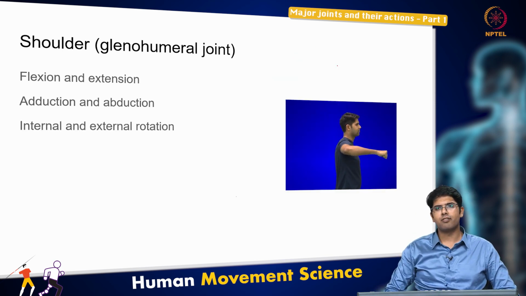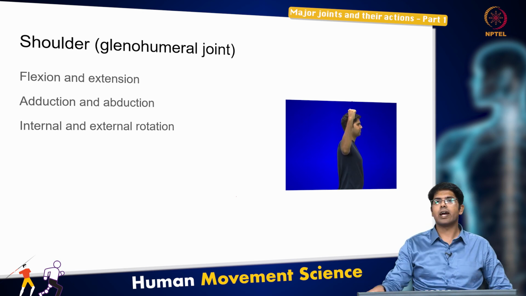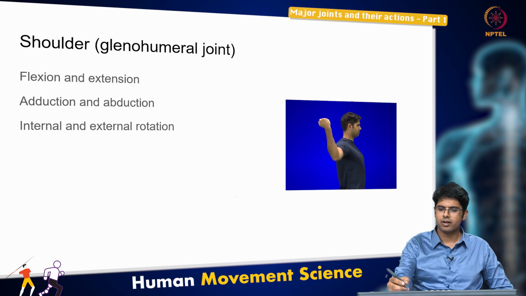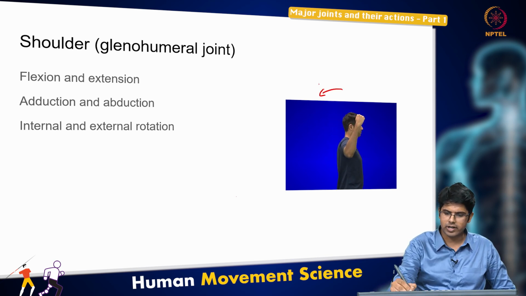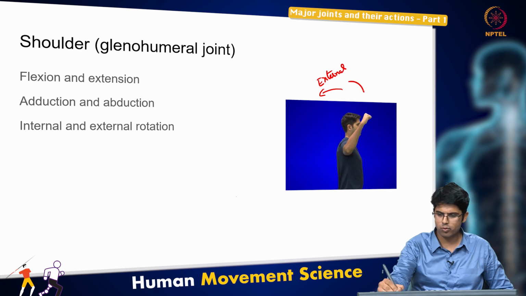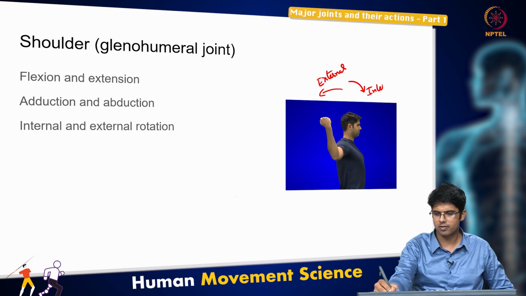Okay, next up you have internal and external rotation. Looking at the movement from the side, movement in this direction is external, and movement towards the front of the body is internal.